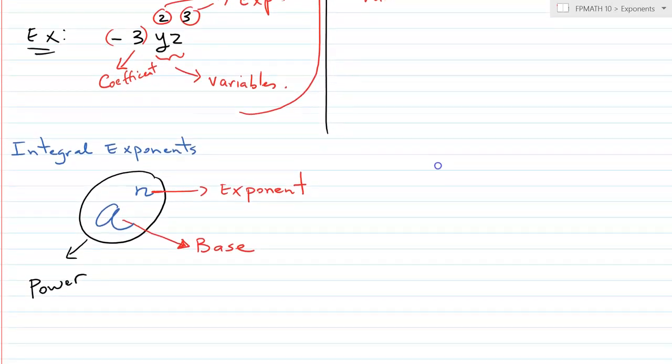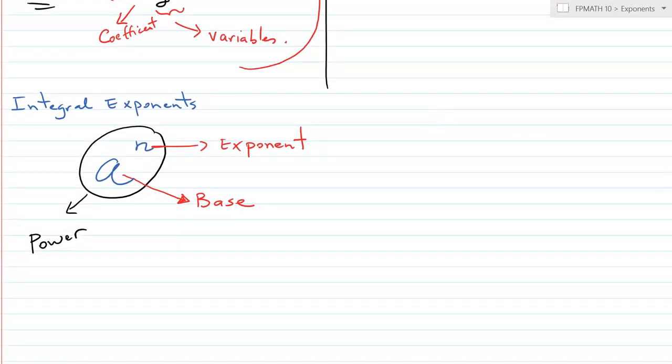All right, and then the next part is the integral exponent. We need to look at the mechanics of that, all the components. So if I have a raised to the exponent of n, where n is on top and a is on the bottom, n is called the exponent, a is called the base, and the entire thing is called the power.